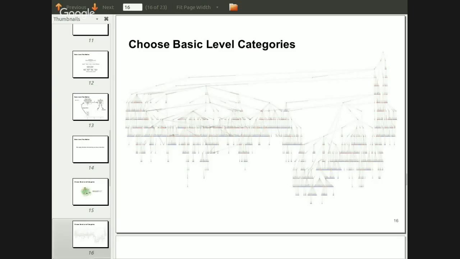As you can see, the dog category has multiple parents. It has two parents: one is canine, and the other is domestic animal. And the dog category has a lot of children.